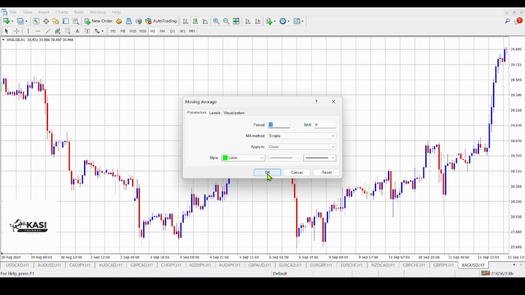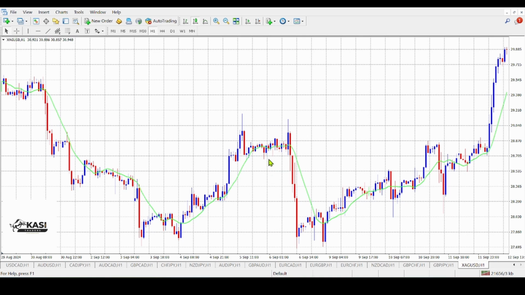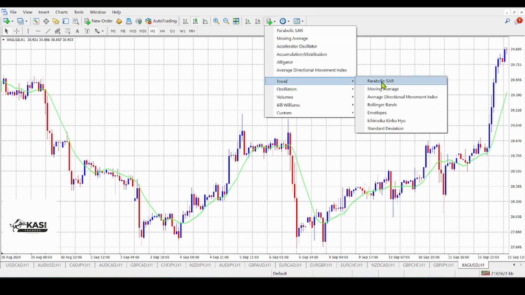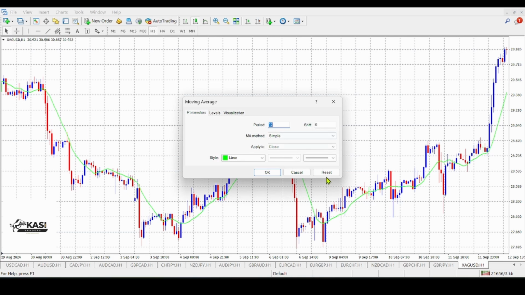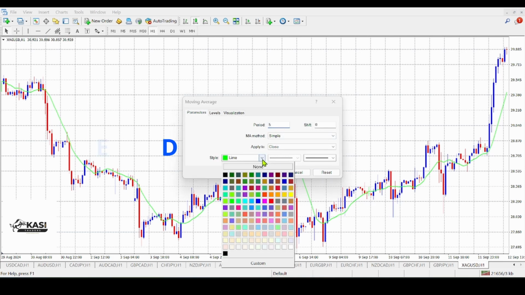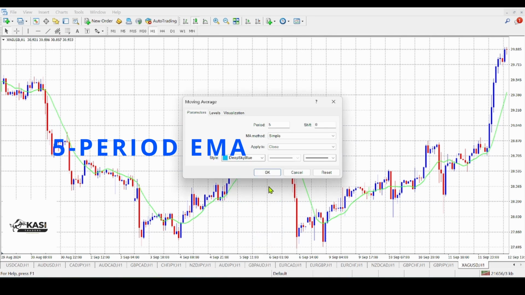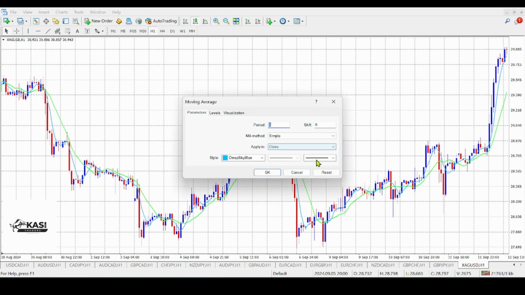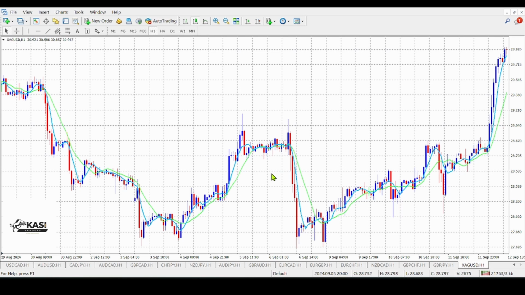Let's make this green. Let's maintain that as green. Let's add another moving average. Let's add the 5, make it light blue. Okay, let's make it a little bit thicker. Nice.